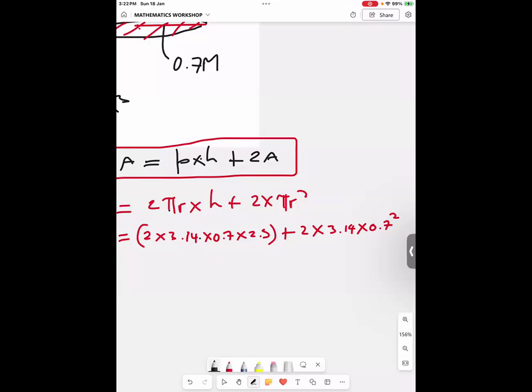Waiting, guys, waiting. Here I got 10.99, but I'm checking again because it doesn't seem correct. Can somebody help her and confirm?